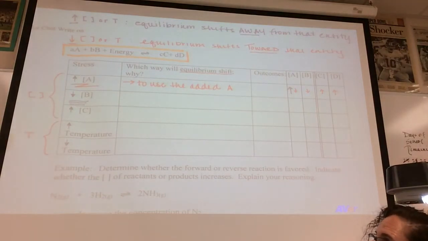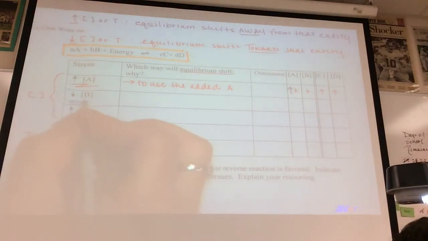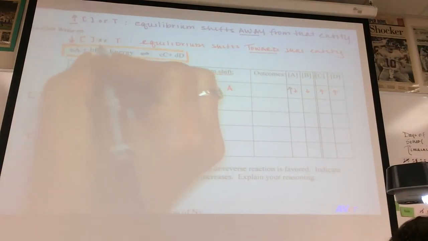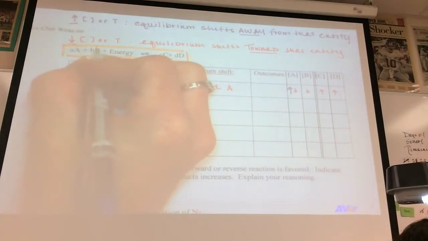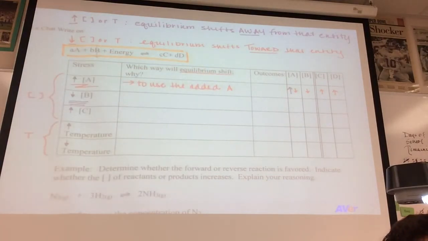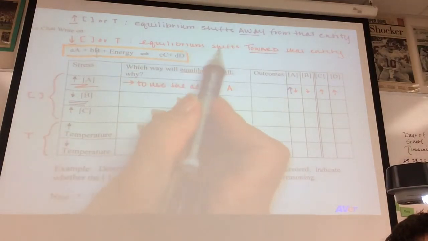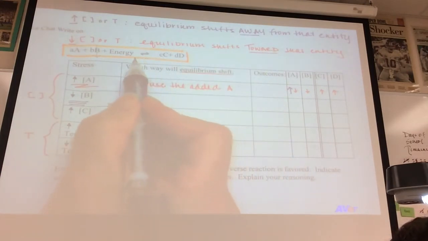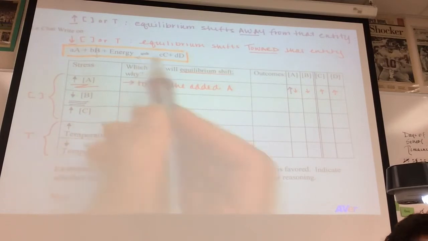So now I'm going to decrease the concentration of B. I'm going to pull B out of the system, probably by reacting it with something. If I decrease, I have to have equilibrium shift toward that entity in an effort to replace it.